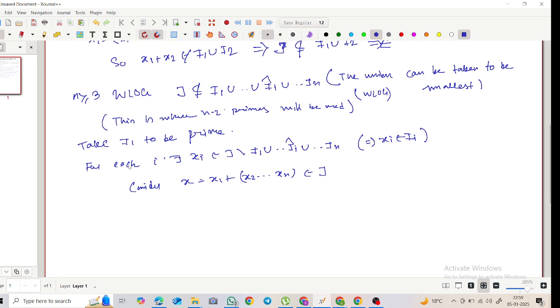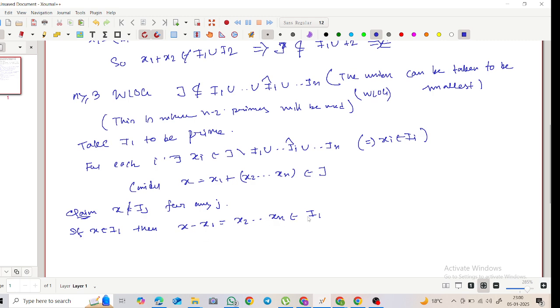Now, claim: x does not belong to Ij for any j. If x is in I1, then x1 was already in I1, so x minus x1, which equals the product x2 up to xn, belongs to I1, right?